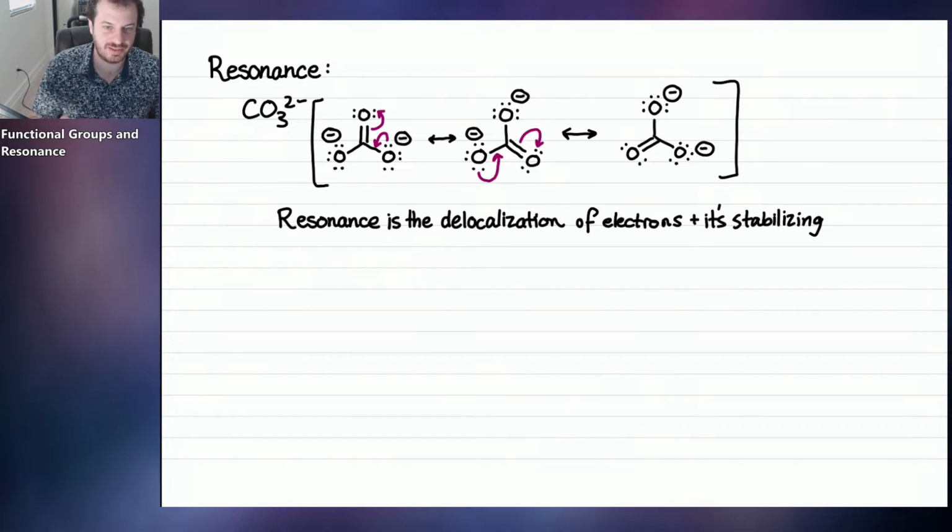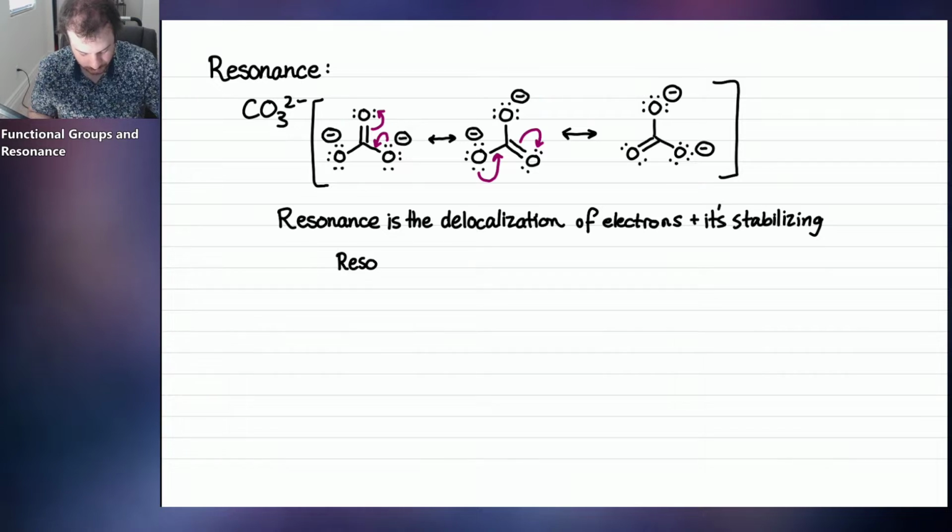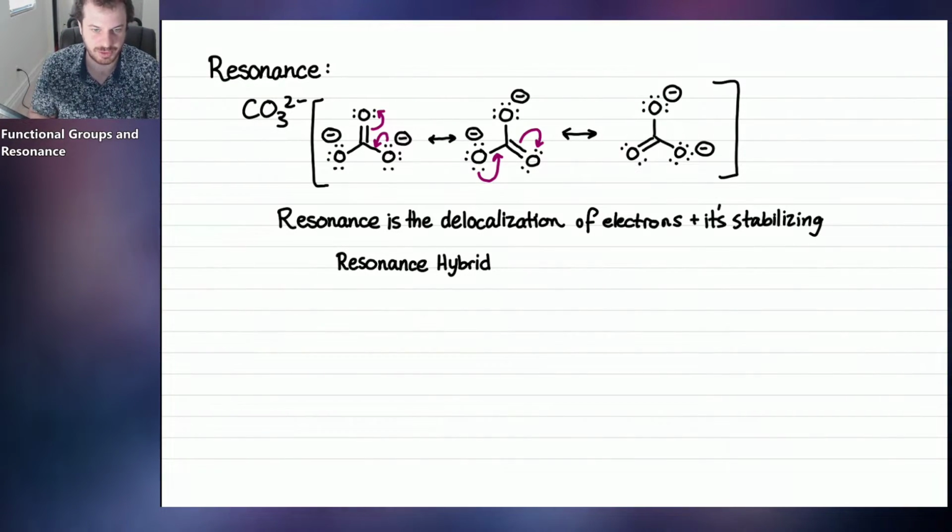It turns out that these electrons are existing in all places simultaneously, that the true form of carbonate is not any one of these forms, but rather a resonance hybrid, which is a blending of all of these forms. This molecule is not fluctuating randomly between these three forms, but rather it's existing as all three forms simultaneously.